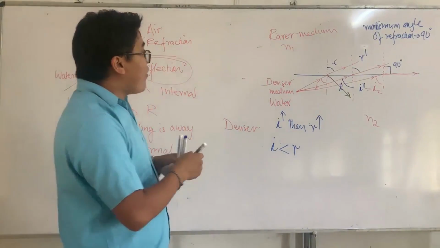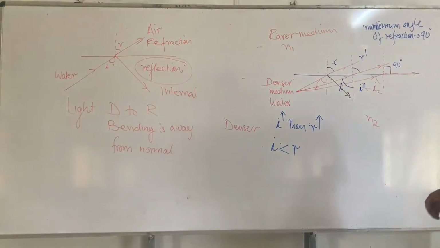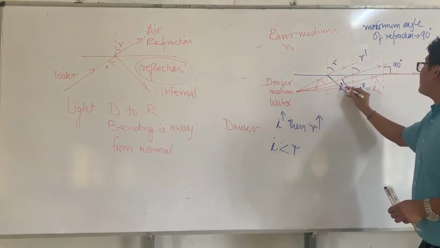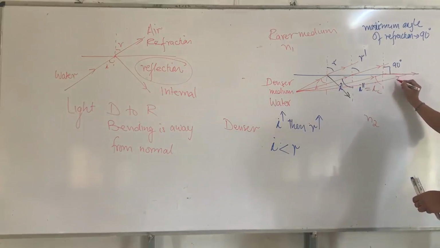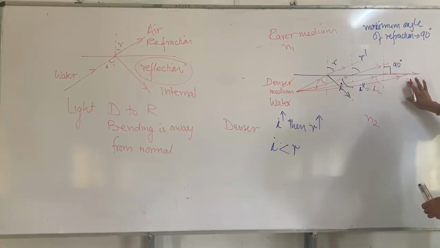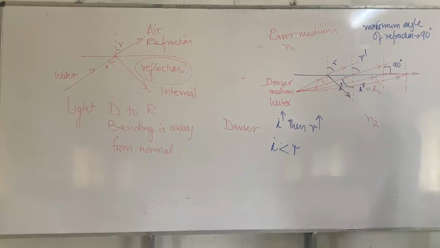Alright. And now if I increase the angle of incidence beyond the critical angle, right, I am going to send a light, and this light goes like this and falls on the interface surface. Now here no refraction is taking place.